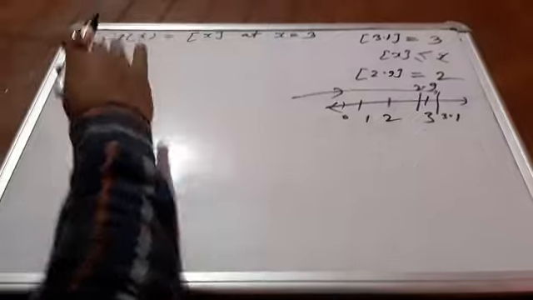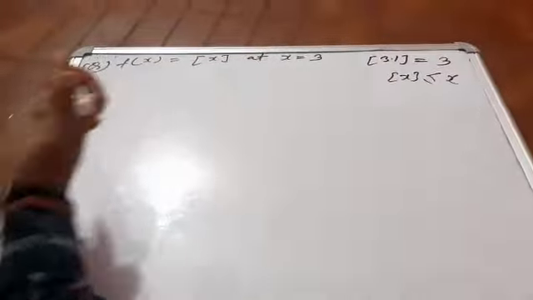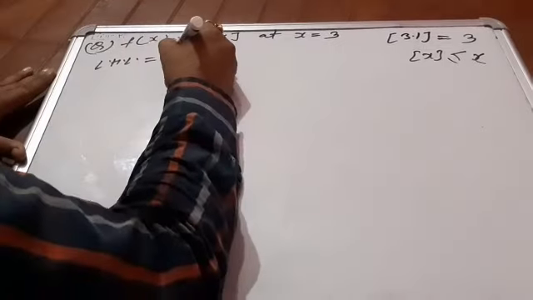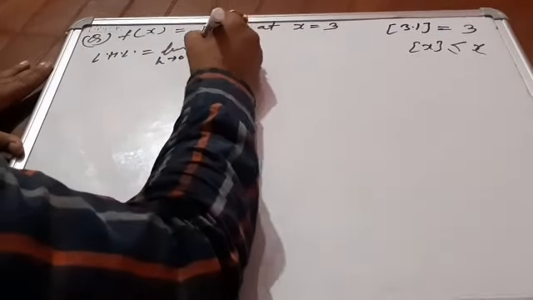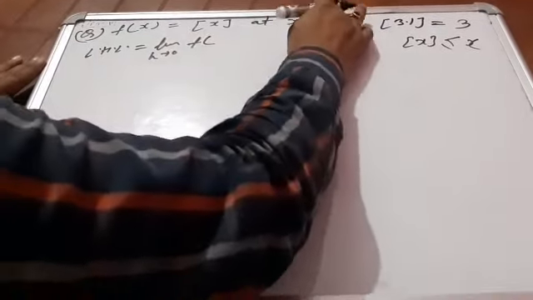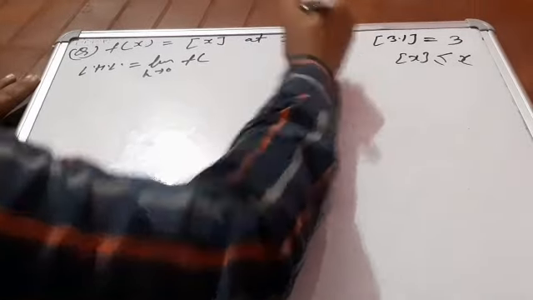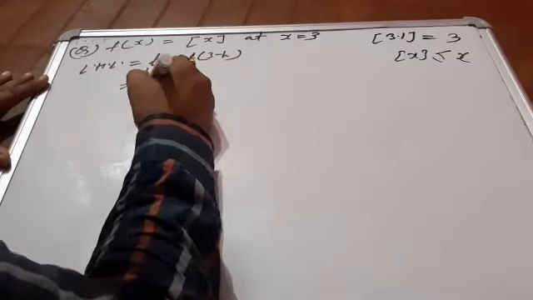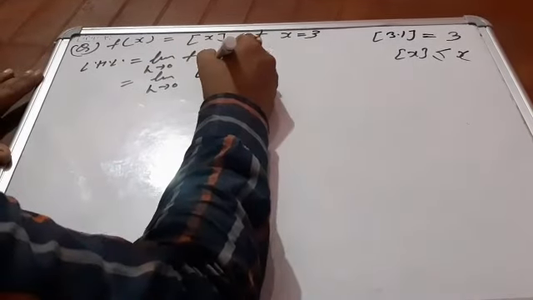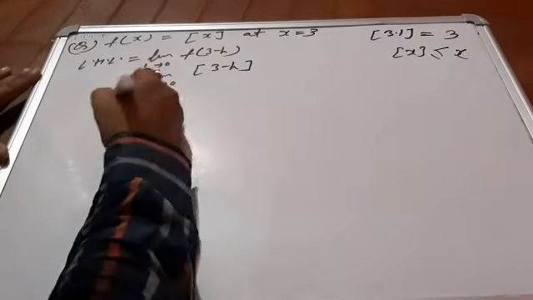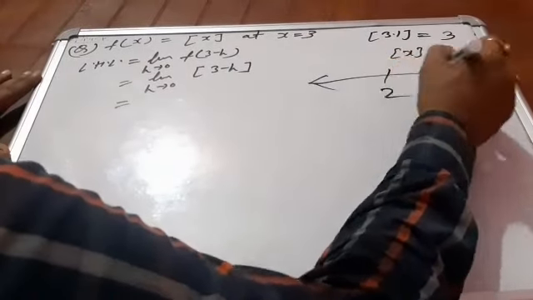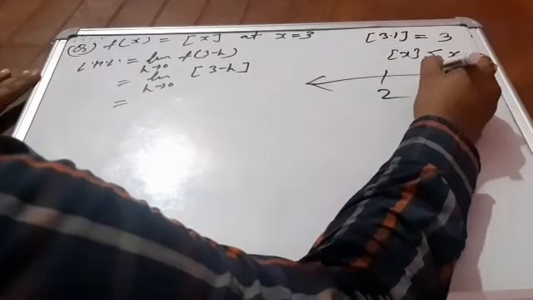Now come to this portion. At first LHL: limit h tends to 0, f of 3 minus h. At the very next step, limit h tends to 0, greatest integer of 3 minus h. Now what does 3 minus h mean?